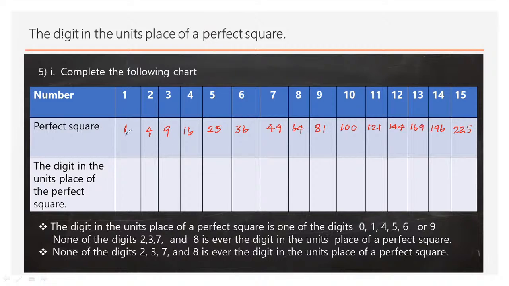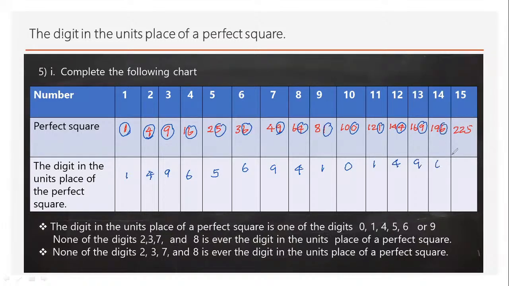Here the unit place is 1. Here 4. Here 9. Here 6. Here 5. Here 6. Here 4. Here 9. Here 1. Here 0. Here 1, here 4, here 9.